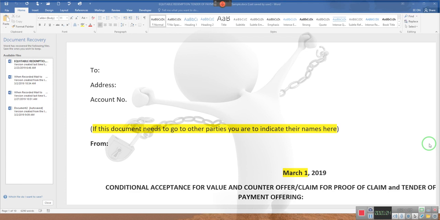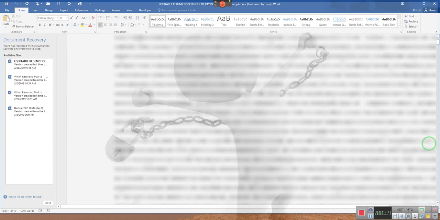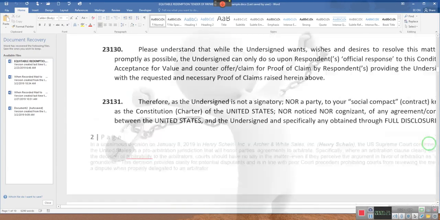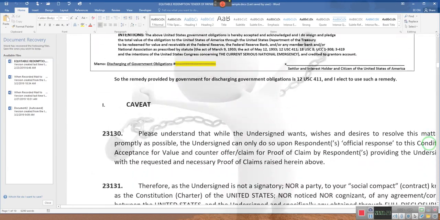And this assignment also creates a special relationship, i.e. express trust agreement. And to top it all off, this simple little document has an arbitration clause and caveat. That's what this thing does.